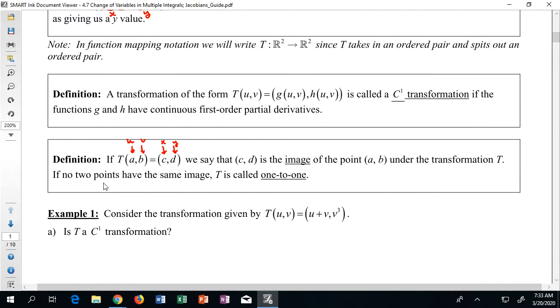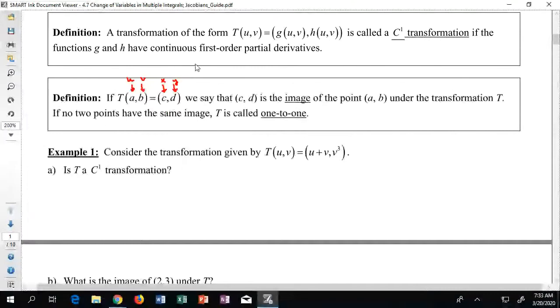If no two points have the same image, that is, if there's only one (u,v) that can ever produce an (x,y), then we can call that transformation a one-to-one transformation. Every time you plug something in, you get something unique out. There's never going to be any other input that could produce the same output.